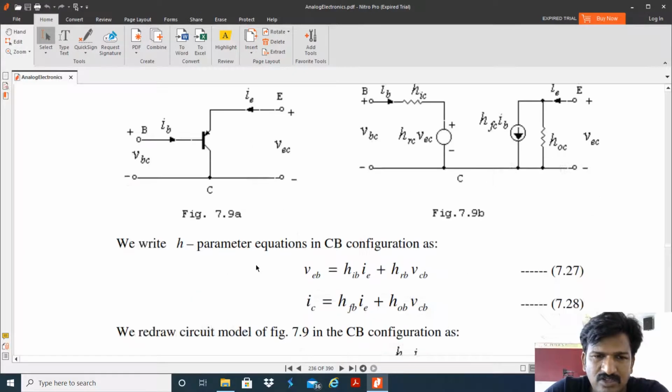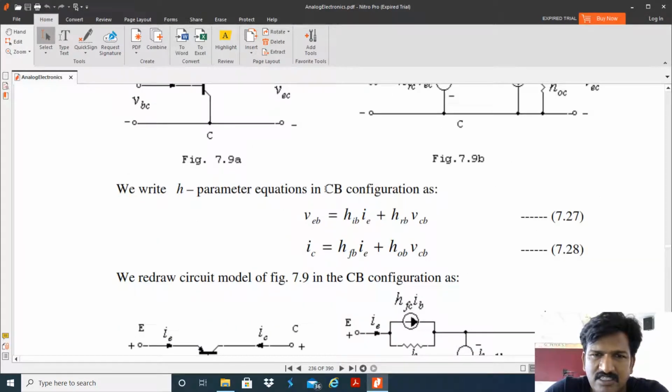Then you should understand how to write the CB configuration H parameters. In the CB configuration, the base is connected to ground, the emitter is acting like an input terminal, and the collector is acting like an output terminal. So the voltage applied between emitter and base is the input voltage, and the current through the collector terminal is the output current.